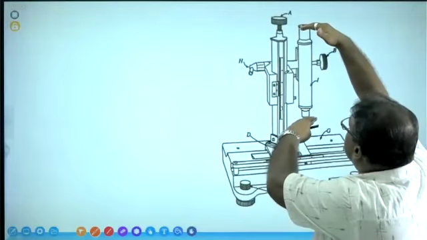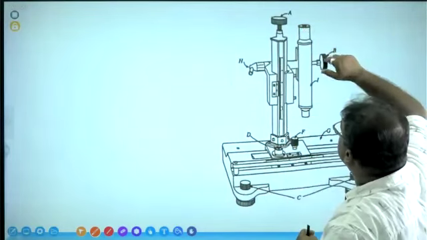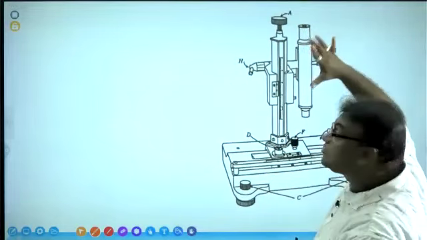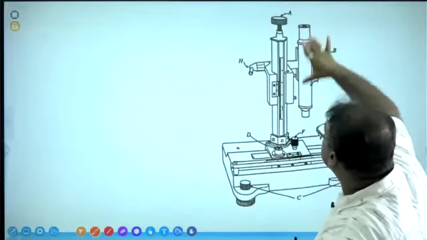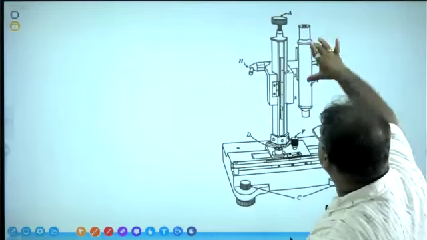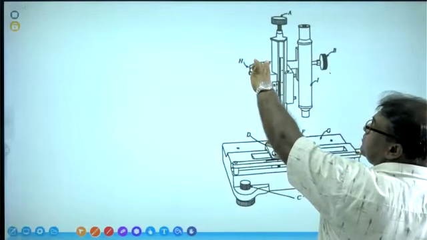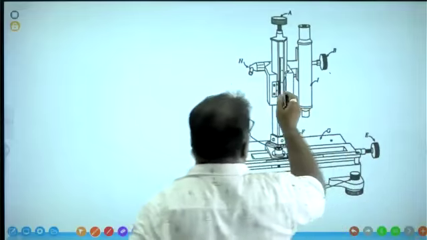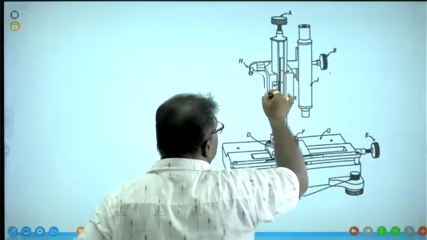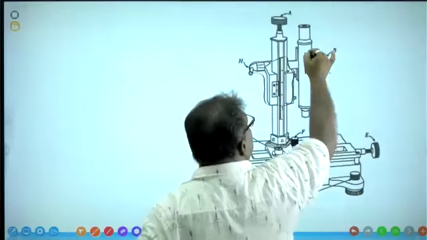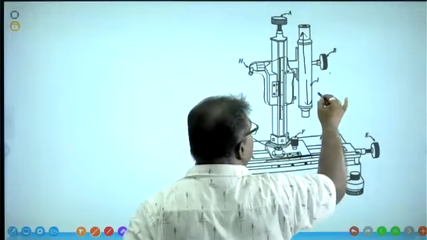By turning this one, this whole thing is moving upward and downward without moving the vertical component, without turning this component. Only this one is moving upward and downward. Done?